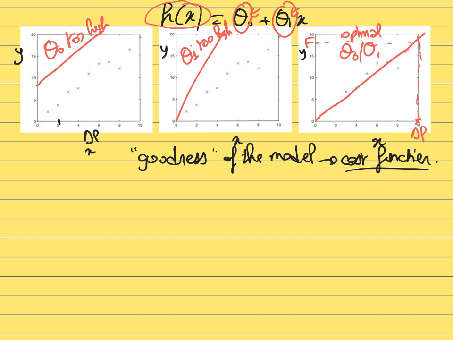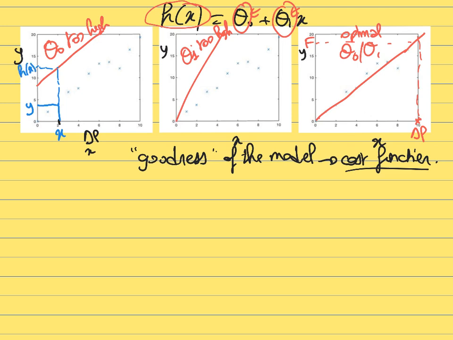For a given value of x, this is the real value of the output. This is the true value that the output should be. But this is what your model is predicting.